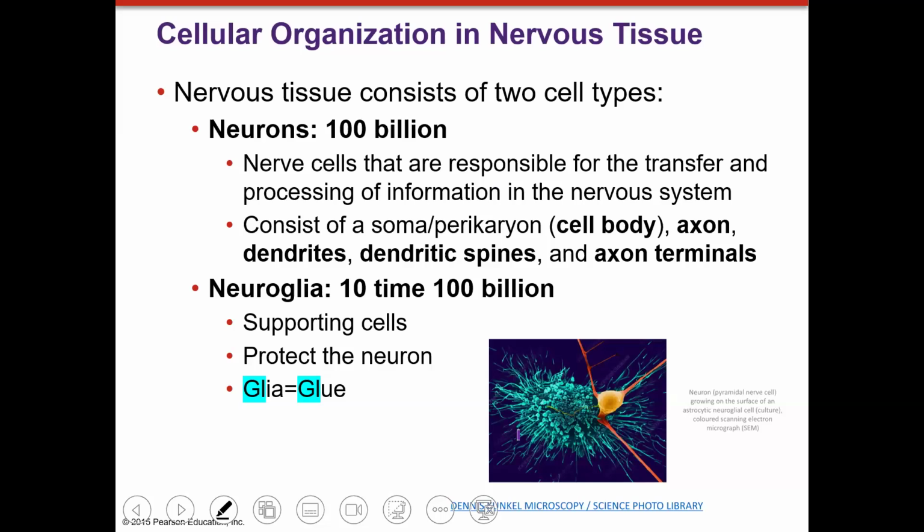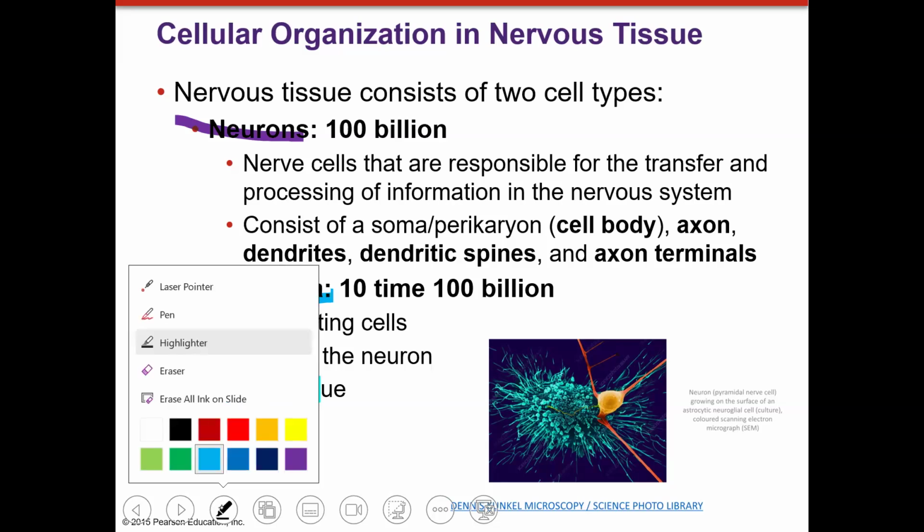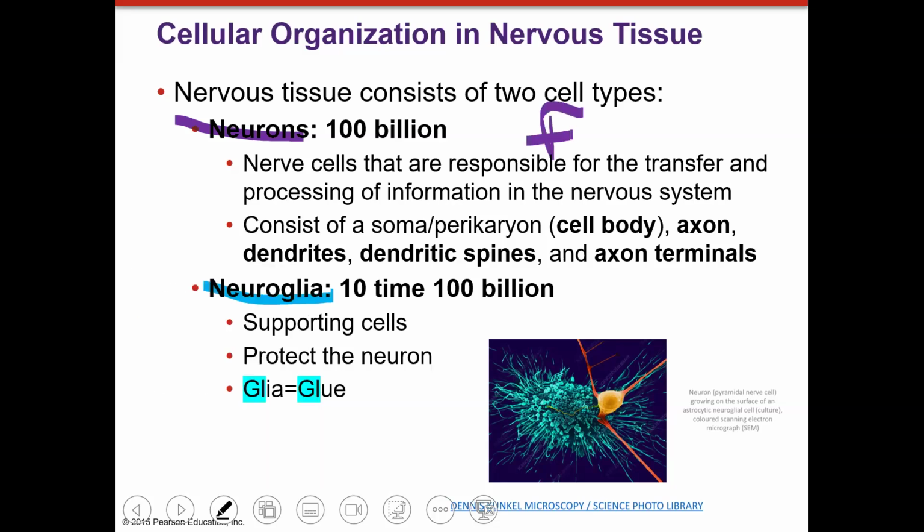Okay, so let's look at some cellular organization in our nervous tissue. So nervous tissue consists of two cell types. We see neurons and we see neuroglia. Neurons, we think of these more like the functional units of the nervous system.